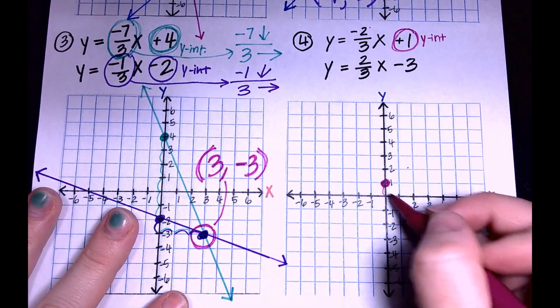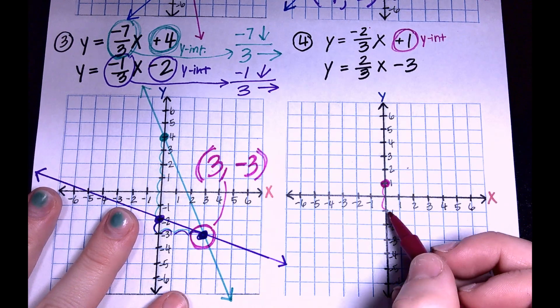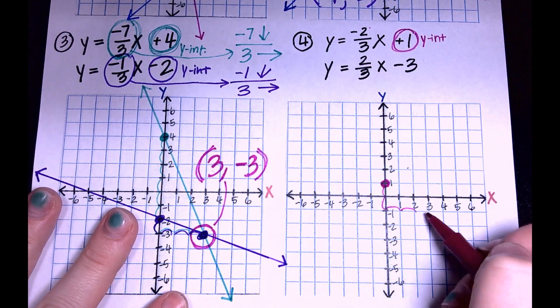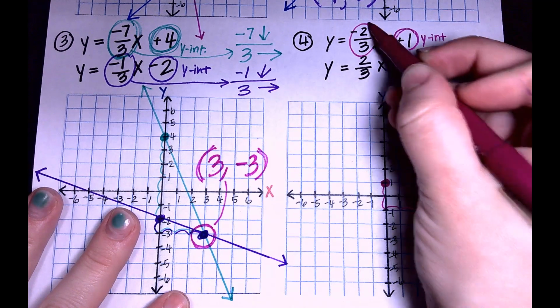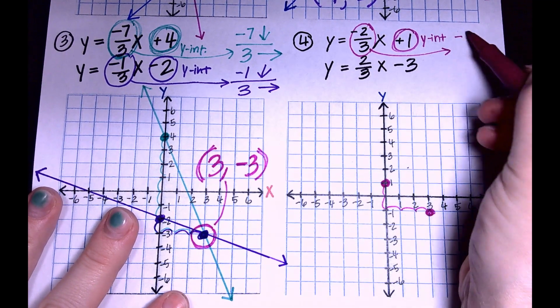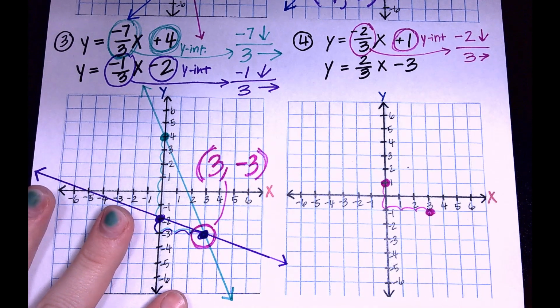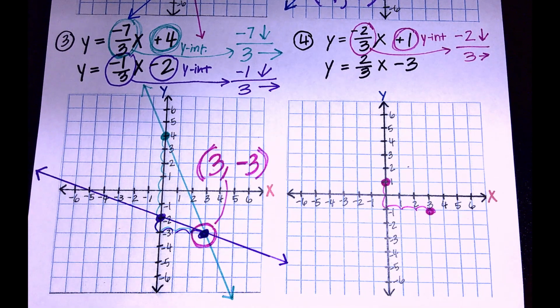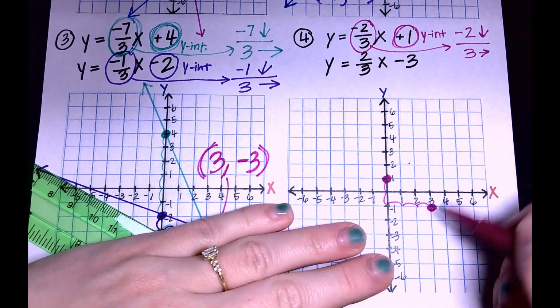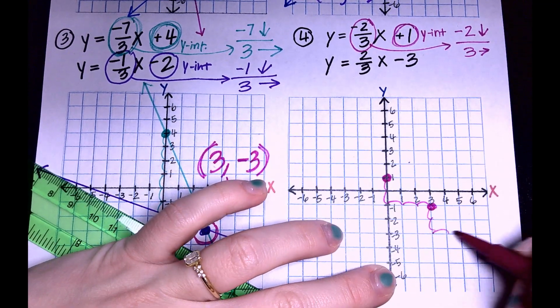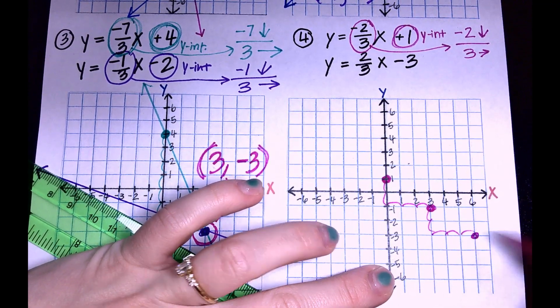Down 2. Perfect. Over to the right 1, 2, 3. That's my next point. So my slope told me to go down 2 over 3. Let's connect these dots. I'm just going to give myself another few points using my slope.